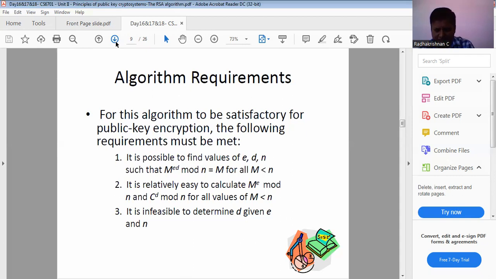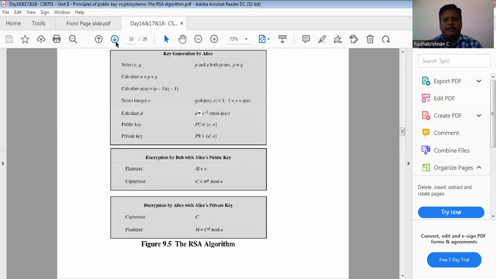This is all modulus arithmetic, which is involved throughout public key cryptographic concepts. Second, it is relatively easy to calculate M power e mod n and C power d mod n for all values of M less than n. Third, it is infeasible to determine d given e and n. That will be discussed. So these are our algorithm requirements.